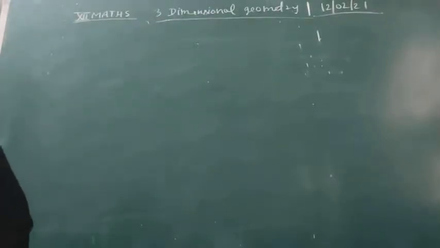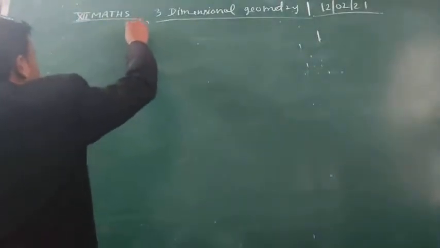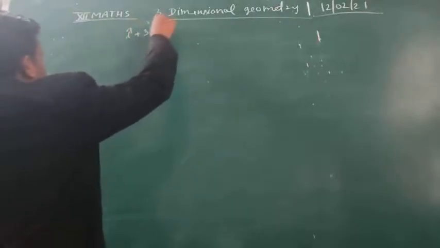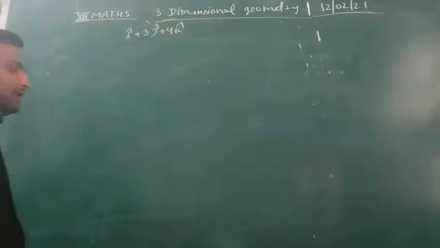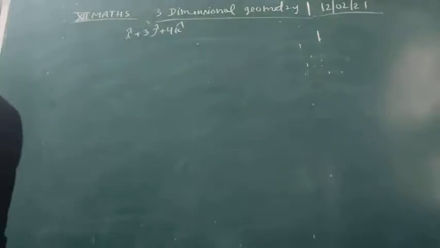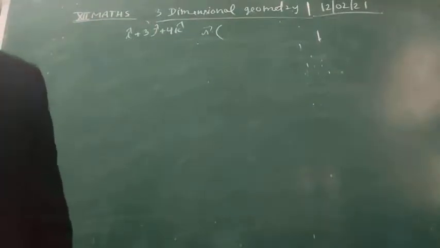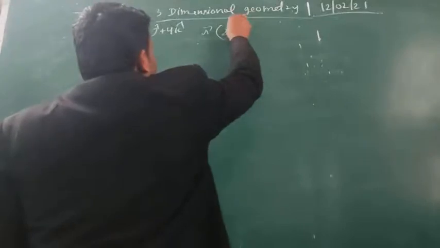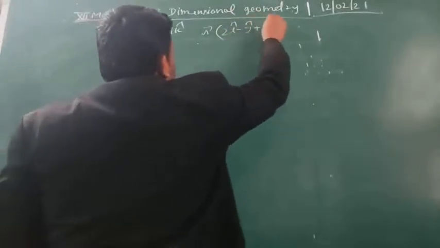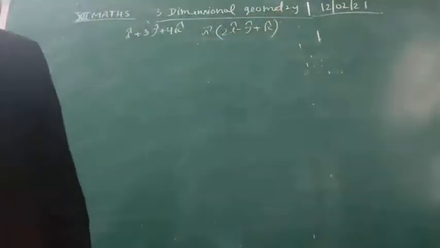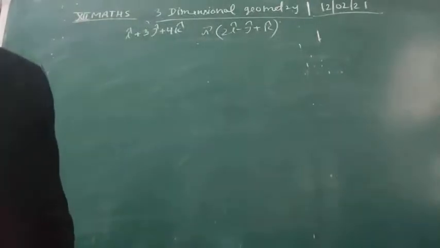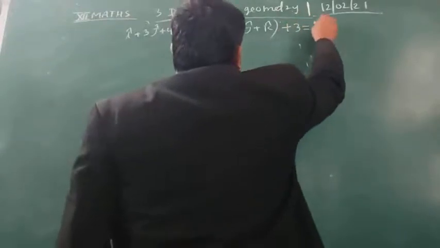find the image of the point having position vector i plus 3j plus 4k in the plane r dot (2i minus j plus k) plus 3 is equal to 0.